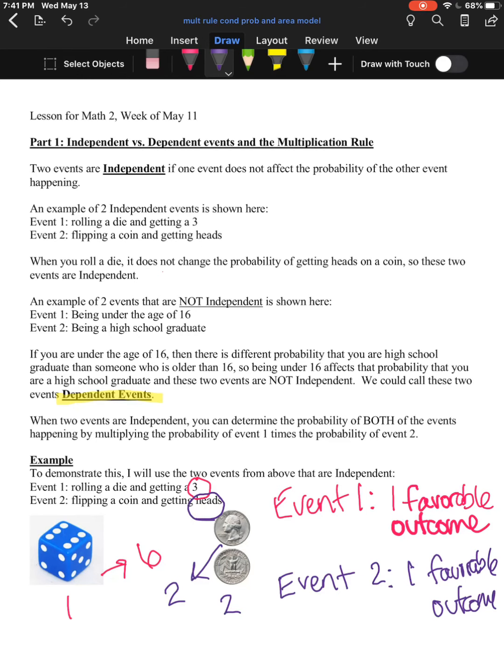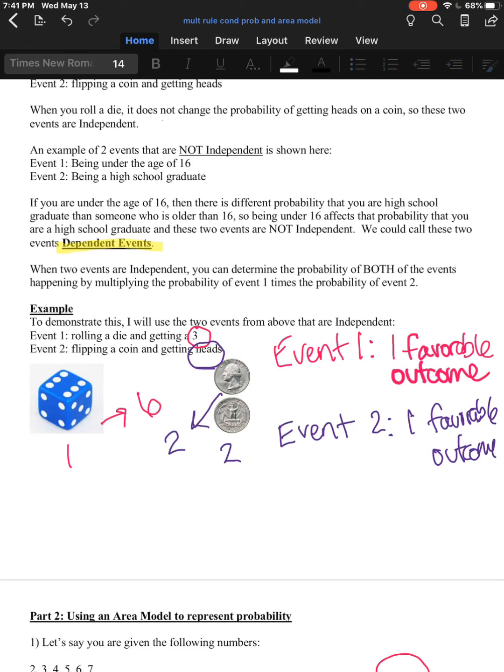We're going to use the multiplication rule. The multiplication rule simply says if two events are independent, we can take the probability of each event on its own and simply multiply them together.